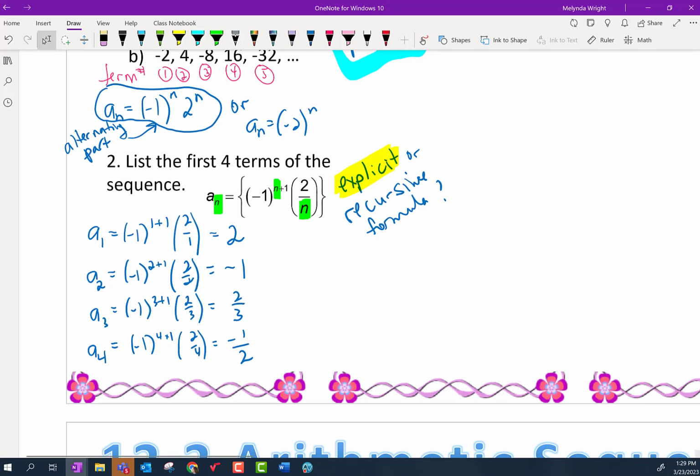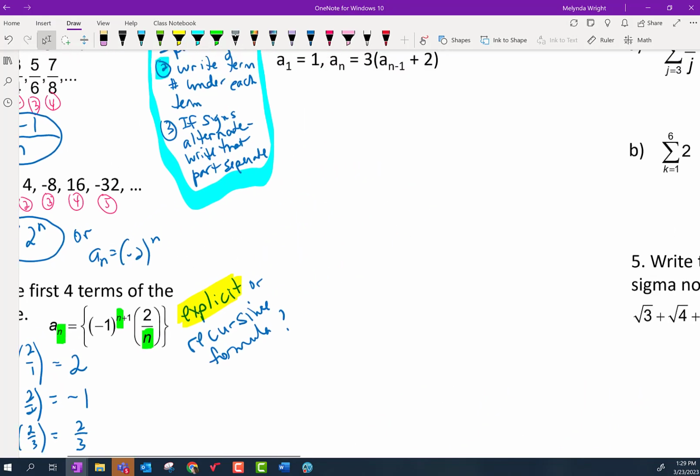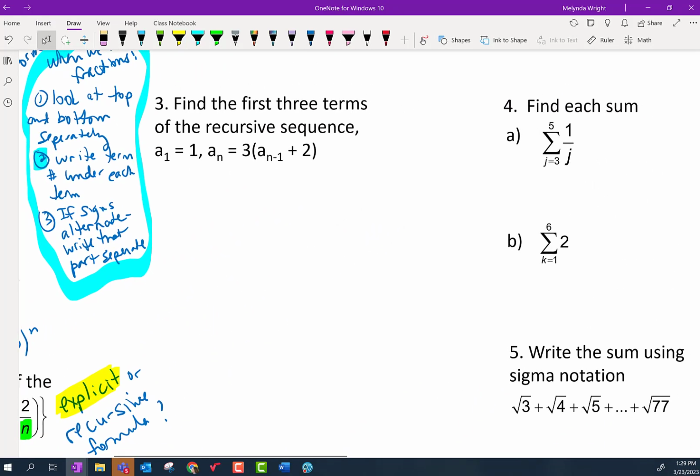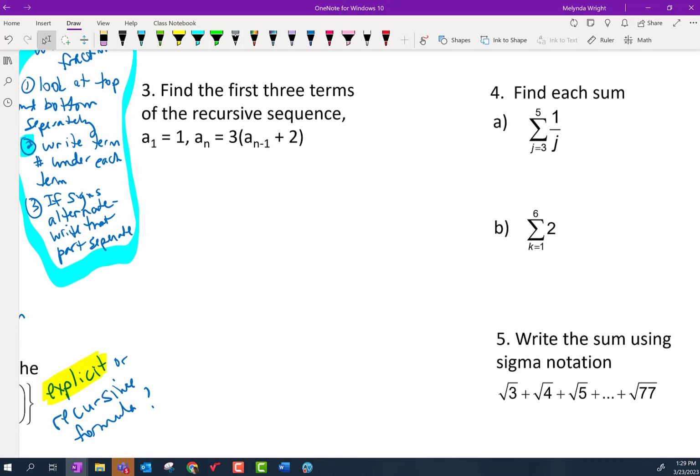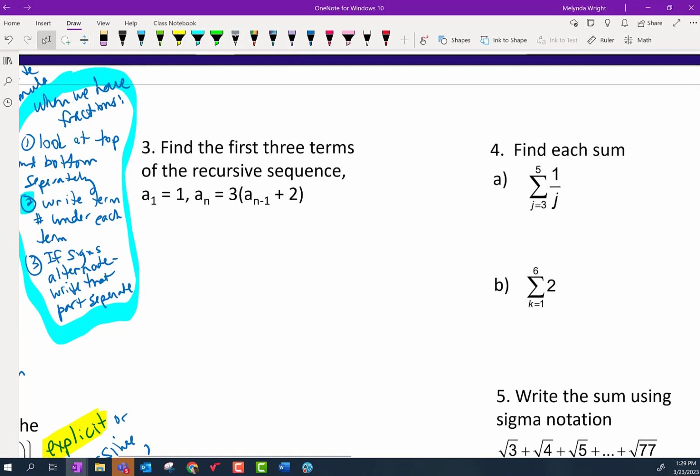Okay, so now let's investigate recursive. Here's a recursive formula. So how do we know that this is recursive? What are the clues? Well, number one, we have a list of terms.